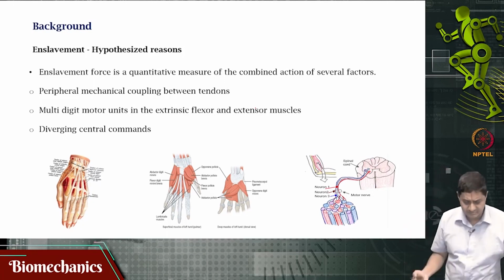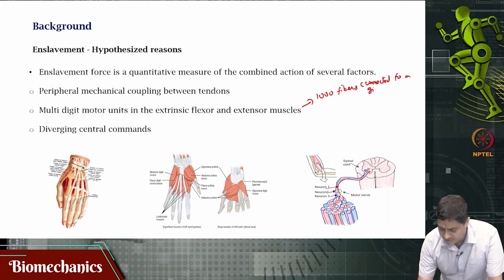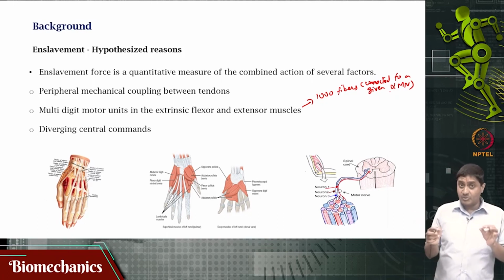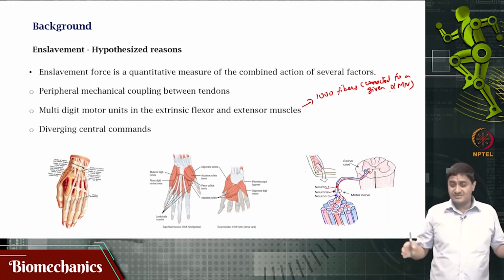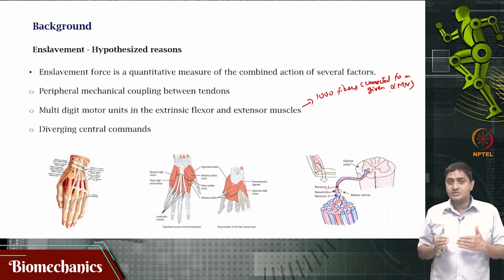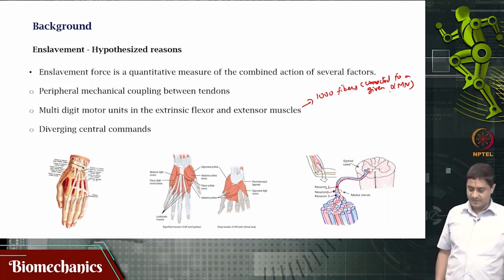Say for example, let us say 1000 fibers connected to a given alpha motor neuron. A given alpha, this is the key. One alpha motor neuron connects to say this 1000, it is an example number. One alpha motor neuron connects to this 1000 fibers.